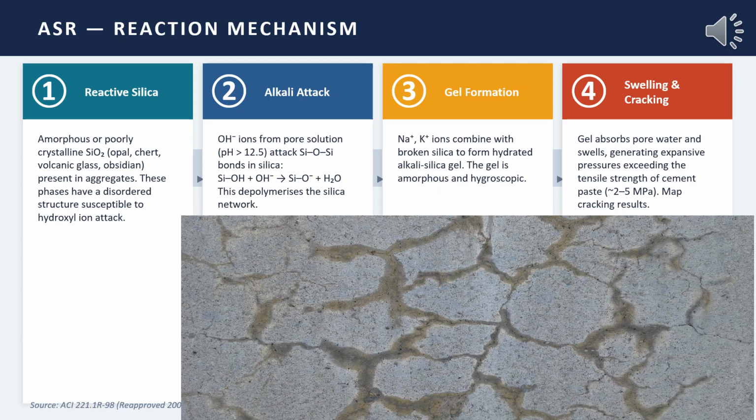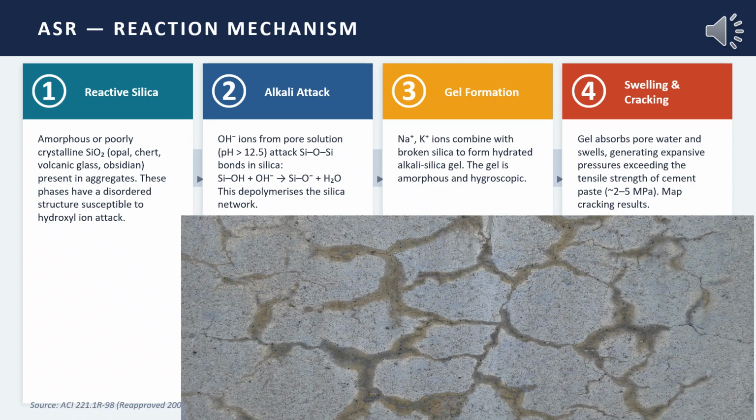Step 2. The pore solution in concrete is highly alkaline, with pH typically between 12.5 and 13.5 due to dissolved sodium, potassium, and hydroxyl ions from cement hydration. These hydroxyl ions attack the silicon-oxygen bonds in the reactive silica, breaking it down into smaller soluble units.